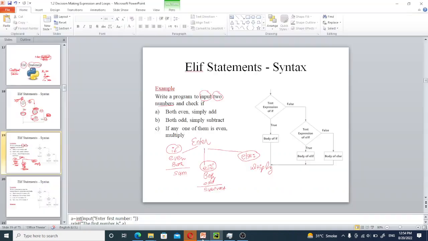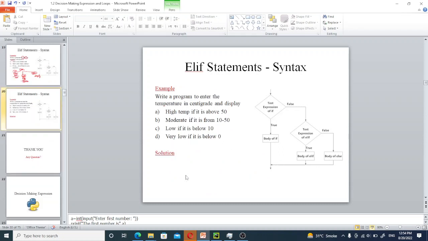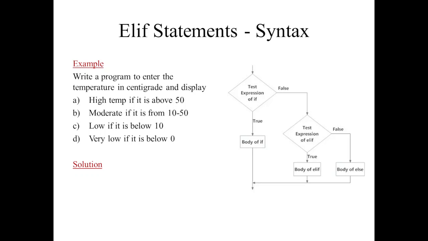So we can see it from this example as well. I have already mentioned how it works. Okay, here is another example that you can also solve by yourself, and ask me if any confusion arises. In this example, we will allow the user to enter the temperature in centigrade and it will display a message.